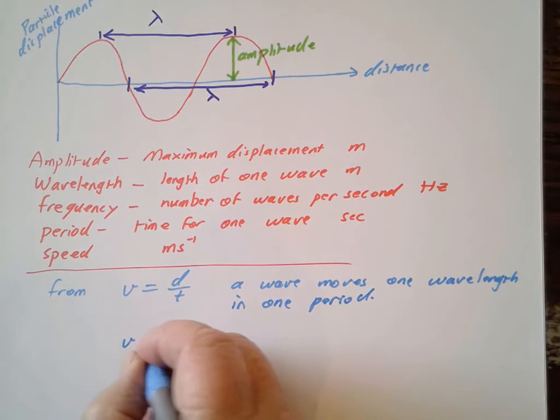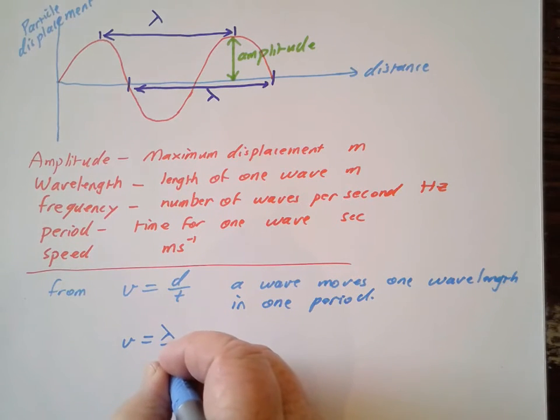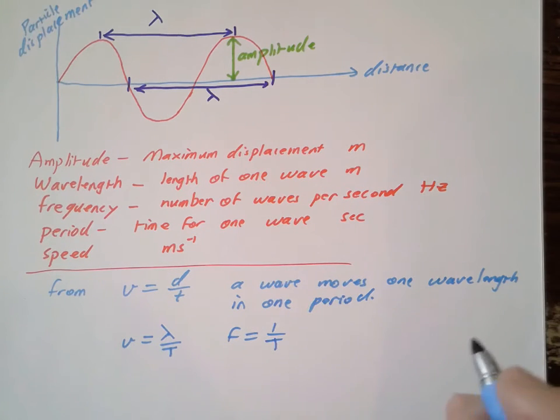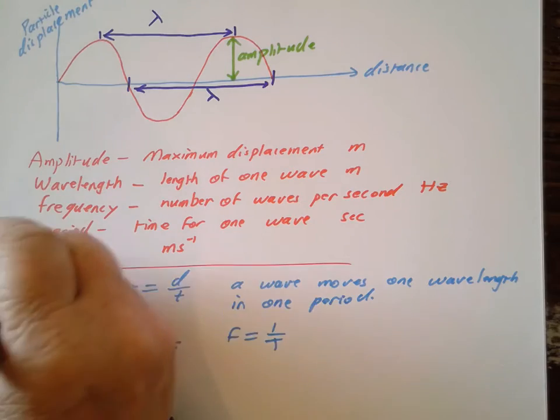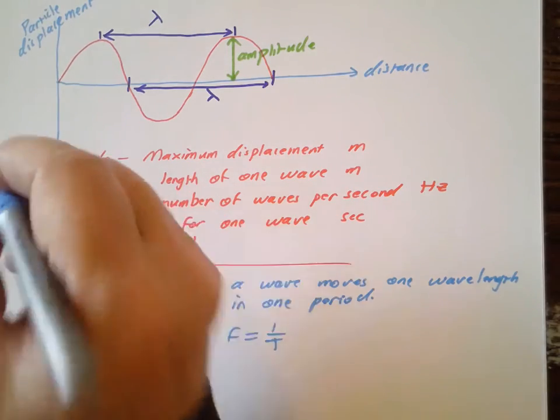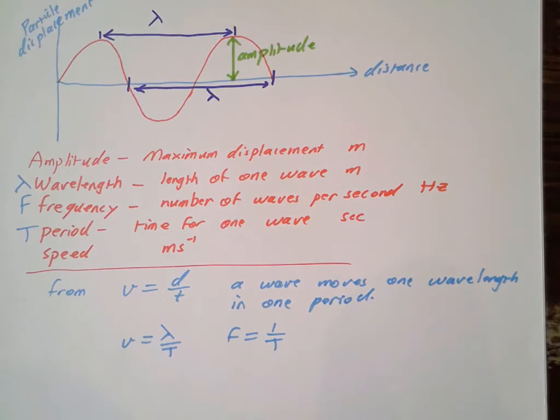So velocity equals lambda over T, and f equals 1 over T. We'll go back to period up here, big T, f, lambda. Forgot to give them their symbols. So from that we can get the standard wave equation, v equals f lambda.